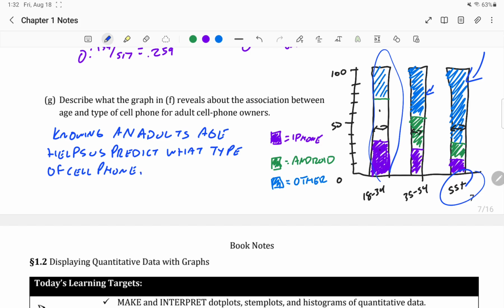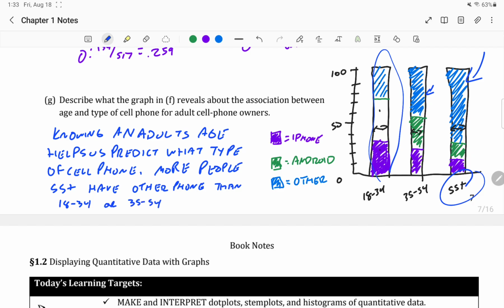So, more people 55 plus have other phones. Let's be comparative. Than 18 to 34 or 35 to 54, right? Just call out the biggest thing.